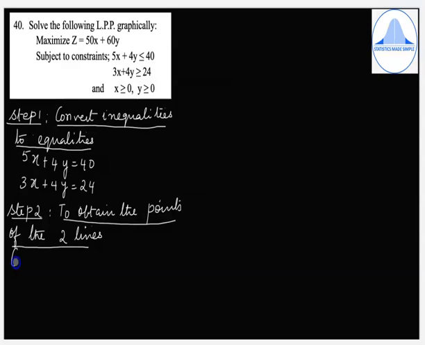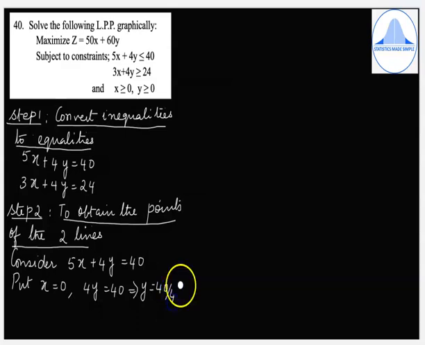So take the first line, consider 5x plus 4y is equal to 40. So put x equal to 0. So you'll get 4y is equal to 40, which implies y is equal to 40 divided by 4, which is equal to 10.